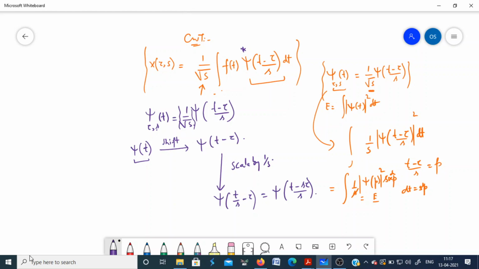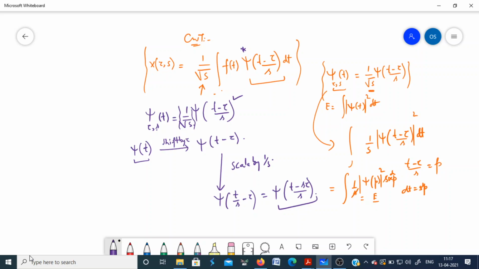So if you first shift by tau and then scale by 1 by s, the function that you'll get is psi of t minus s tau by s. This is not this function.